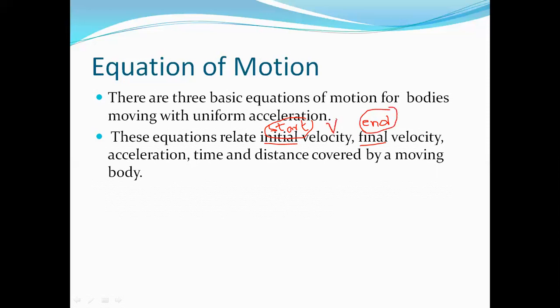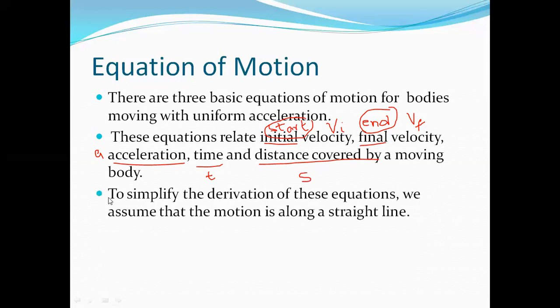So it is represented as Vi, the initial velocity, and final velocity is represented as Vf, where acceleration is represented as a, time is simply represented as t, and distance covered, students, is represented by s.